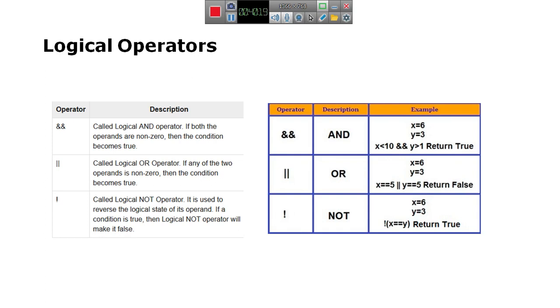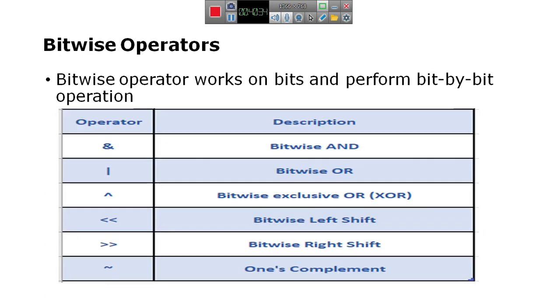If both are true only then it gives true; with or, if any one is true it gives true; not returns the opposite value. And bitwise operators are special operators that work on bits and perform bit by bit operation.